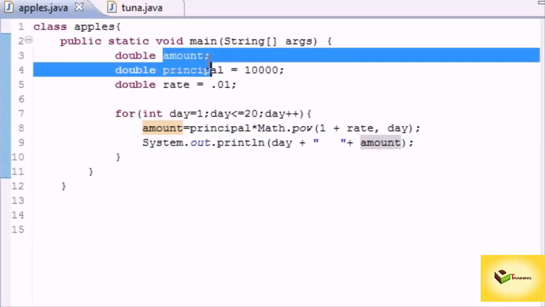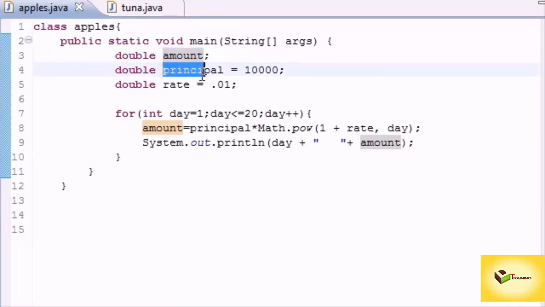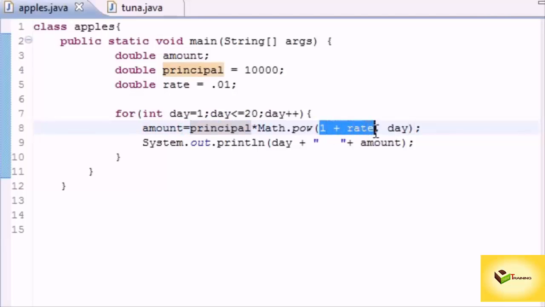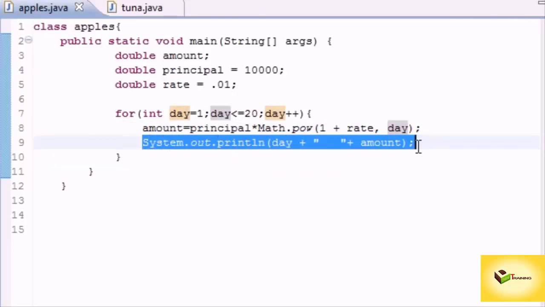You need to figure out the amount, which we don't know yet, but we do know the principal, which is the starting point, and the rate. We set the amount, which you don't know yet, equal to the principal times 1 plus the rate, which is 0.01, to the power of the day. This is where the for loop comes in handy, because this goes 1, 2, 3, 4 all the way to 20. And next, we just output it on the screen.